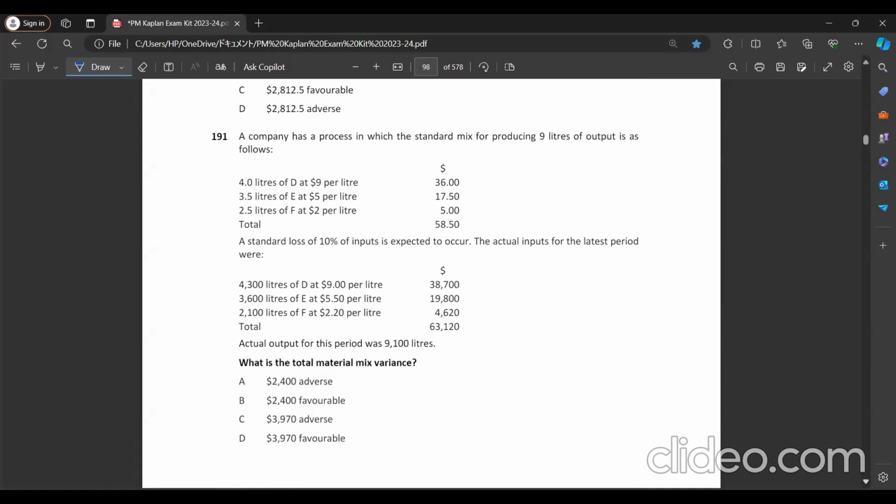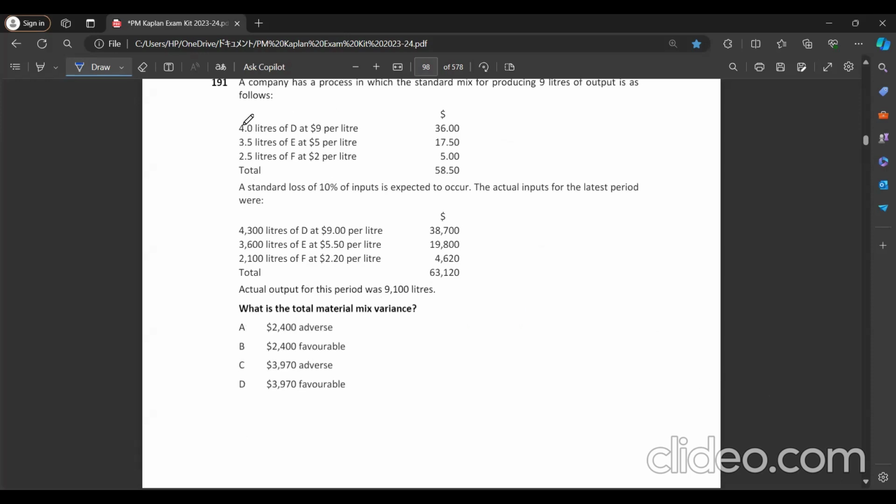Then we see that a standard loss of 10% of inputs is expected to occur. The actual inputs for the latest period are given as 4,300, 3,600, 2,100, and the costs are also mentioned. Actual output for the period was 9,100 liters. What is the total material mix variance?